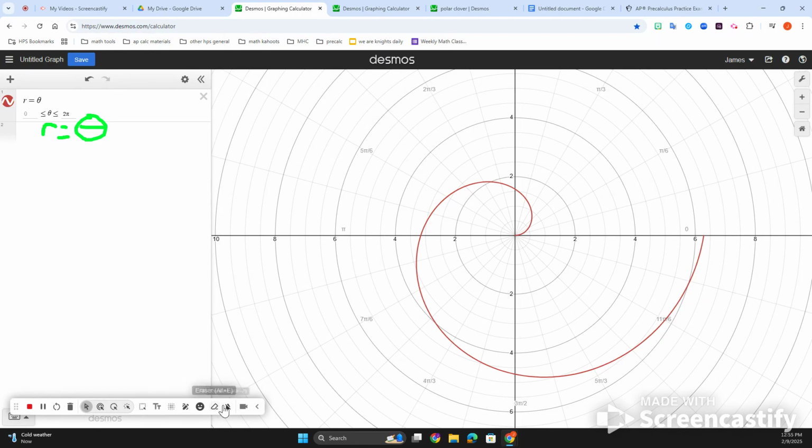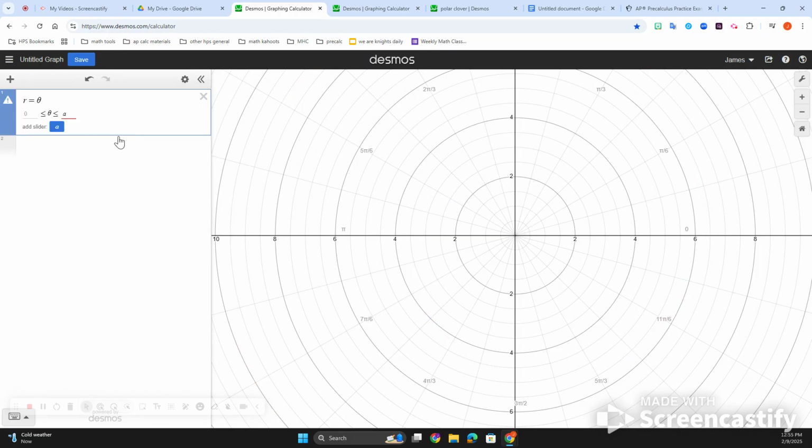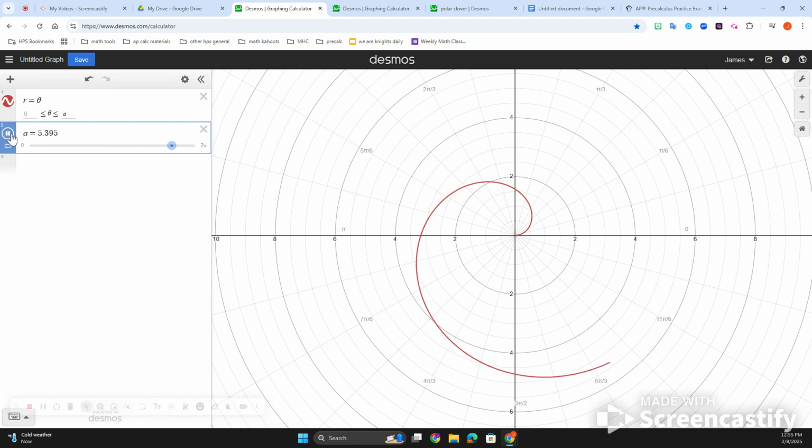What's interesting about that is, I'm going to change this to a, and I'm just going to let a go in between 0 and 2 pi. You can see as my angle increases, my radius increases. And I like this animation because you can actually see that happening.